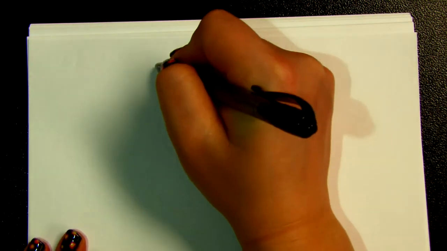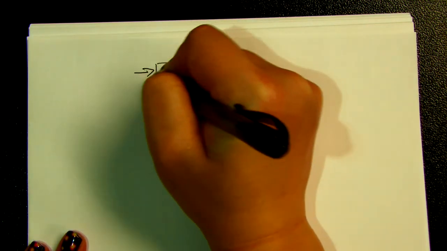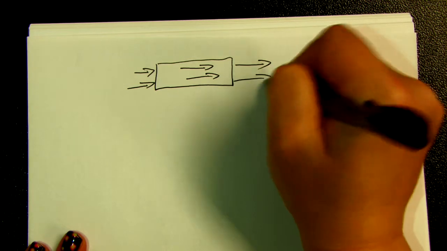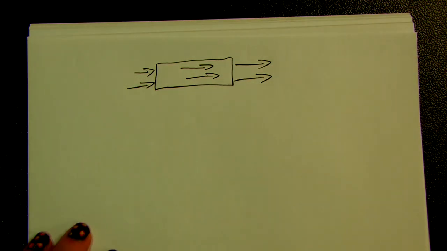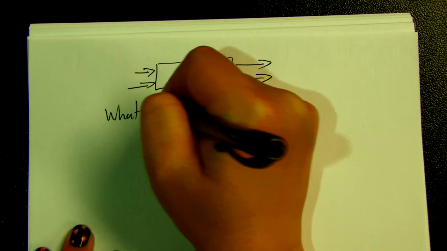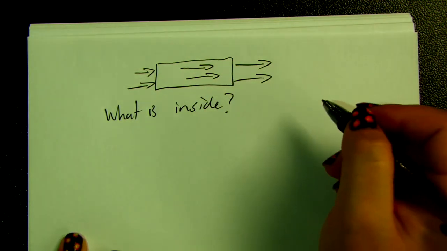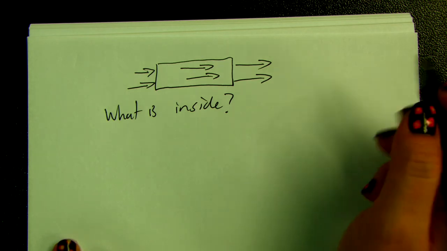Now, what about this box? We've got field lines that look like this. They're going through the box. What is inside? This one's a little bit trickier.